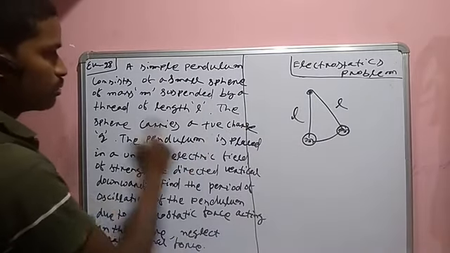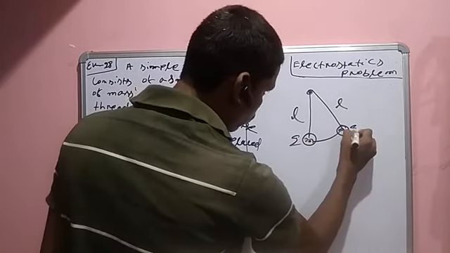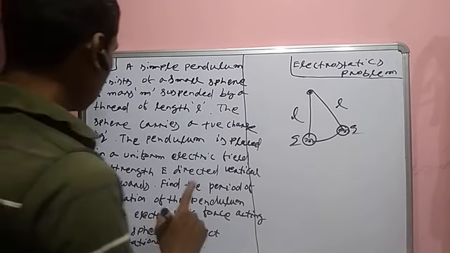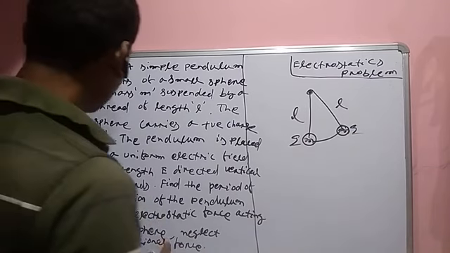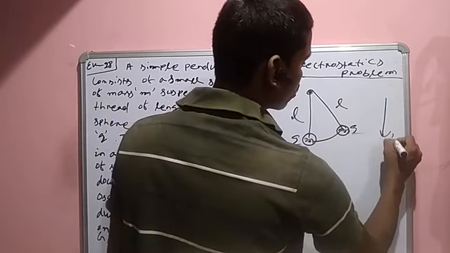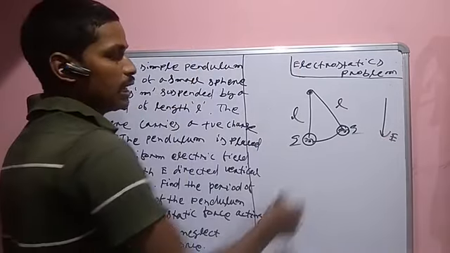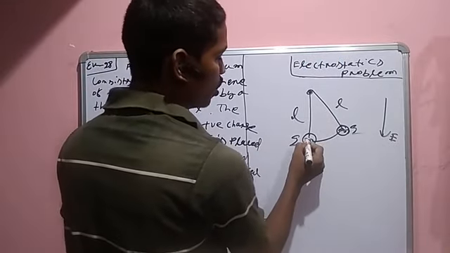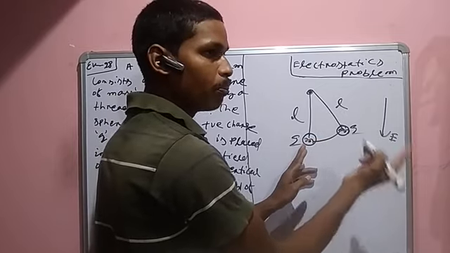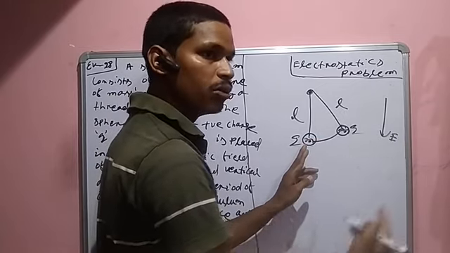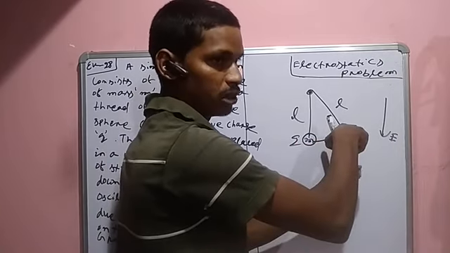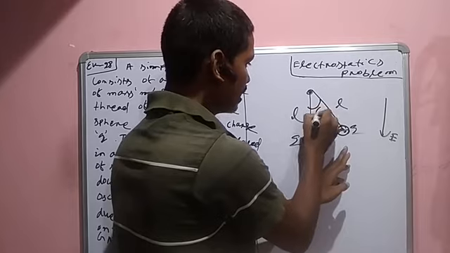This body has positive charge Q. The pendulum is placed in a uniform electric field of strength E, with the electric field directed downward. Suppose the charged body is first present here. After some time, by simple harmonic motion, the body rises to this position at an angle theta.